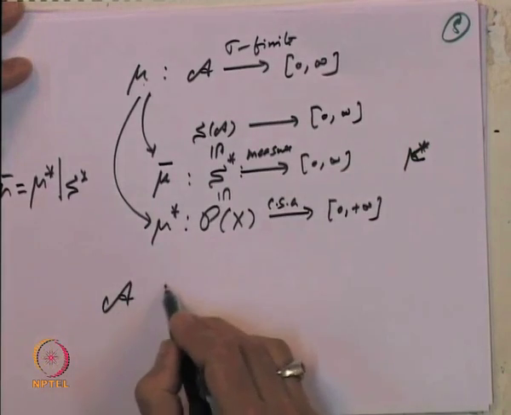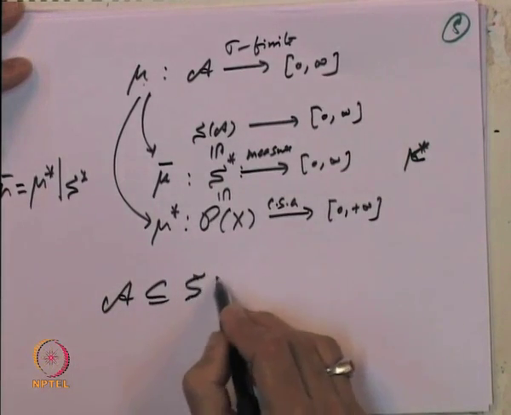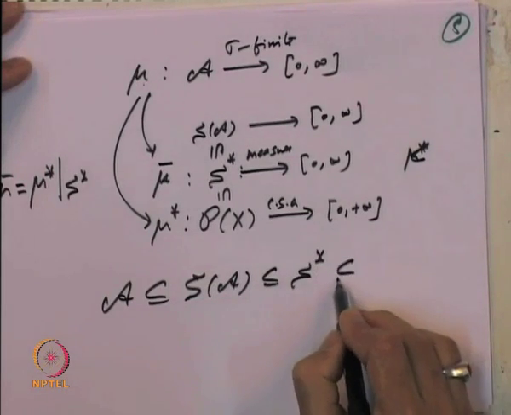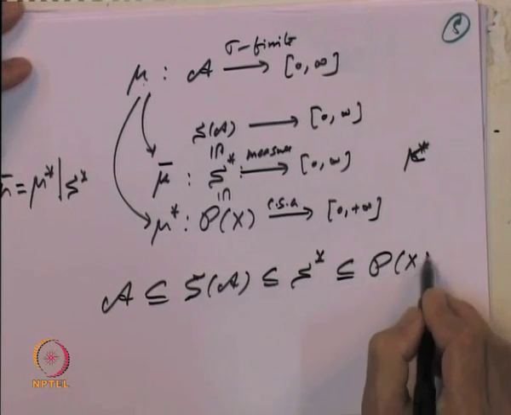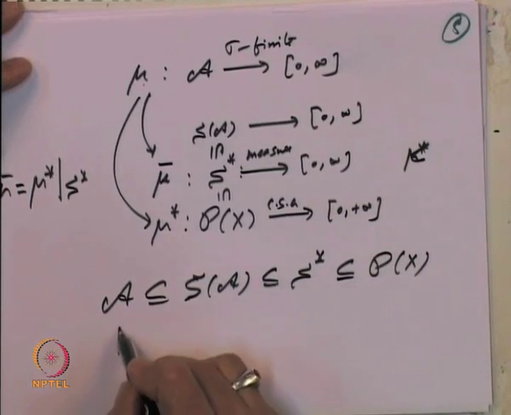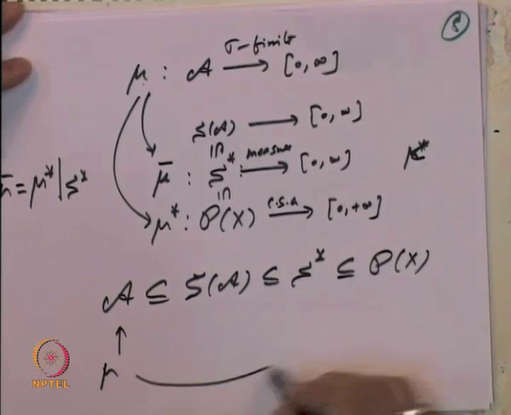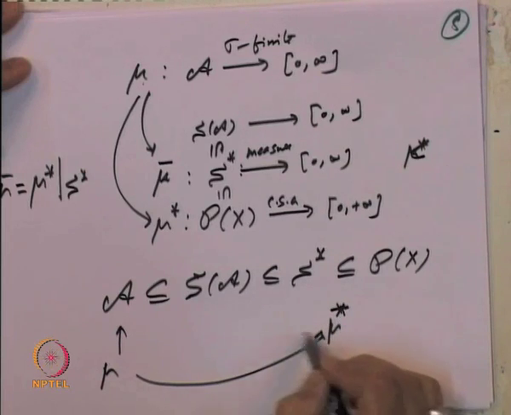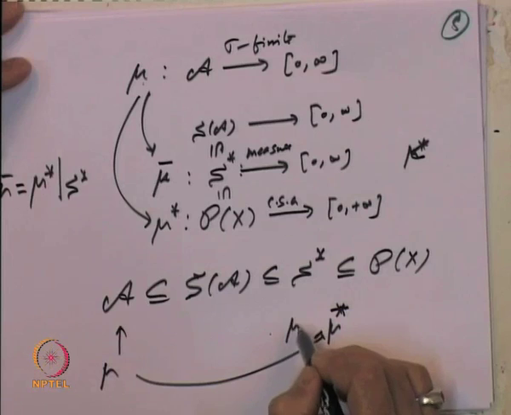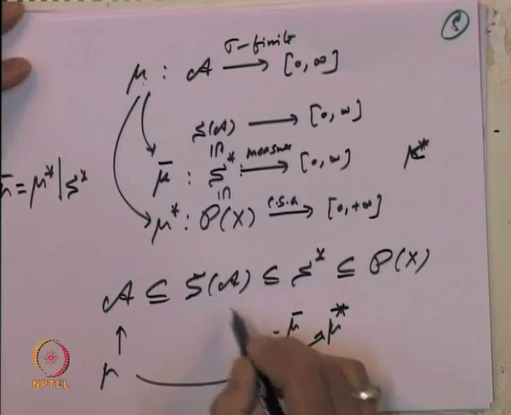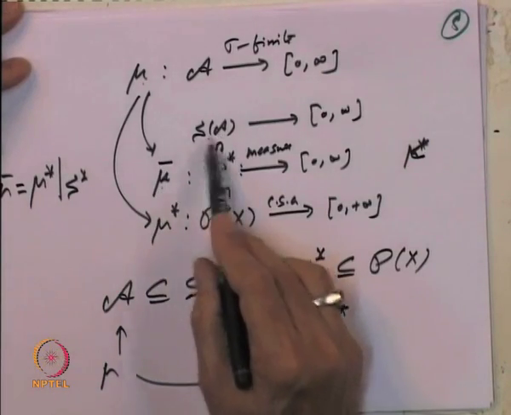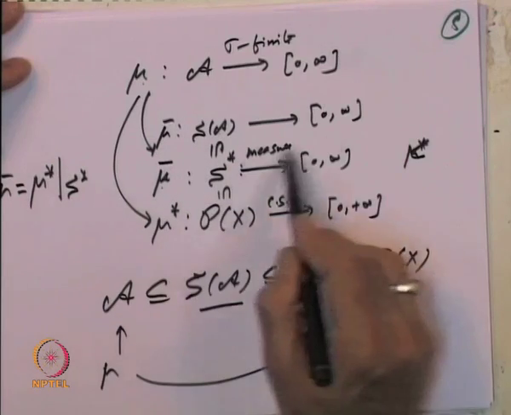So, A is inside S of A, which is inside S star, which is inside all subsets of X. So, mu is defined here, we get mu star here, and we restrict, we get mu bar, and that is the same as mu bar on S of A. So, we get a measure mu bar on S of A.